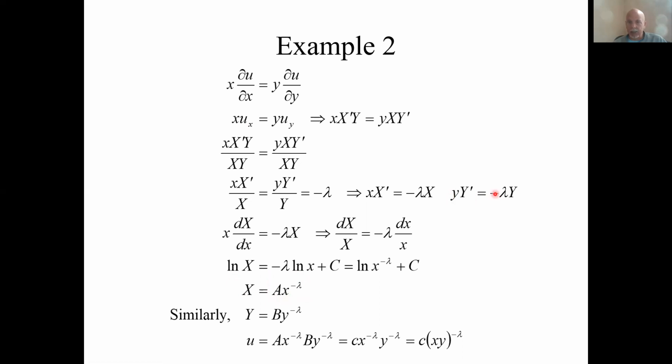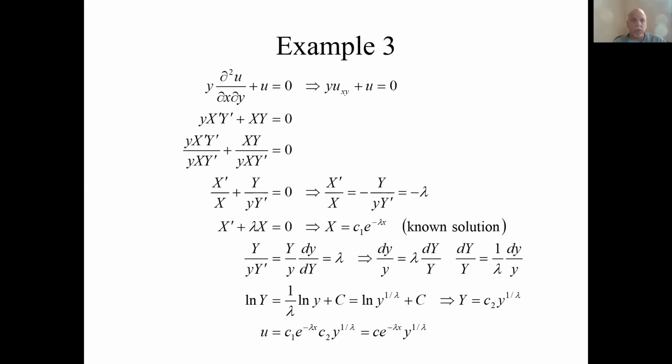Since the y equation is the totally same form as the x, it has a similar solution. So the total solution is the product of these two, and I can combine the constants into one. So here's the solution to that. Again, you could put this back up in this equation and verify that it is the solution.